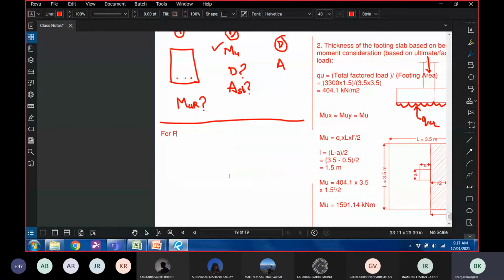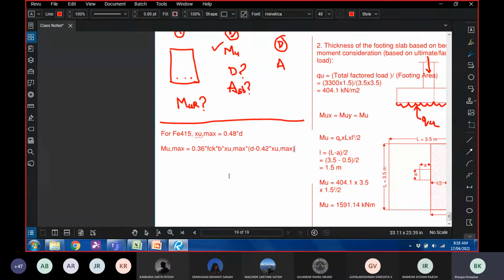So the grade of steel is Fe415. We know that for Fe415, XU max is equal to 0.48 times D. Therefore, Mu max is equal to 0.36 into FCK into B into XU max, and we have to multiply this entire thing by the lever arm, which is D minus 0.42 times XU max.